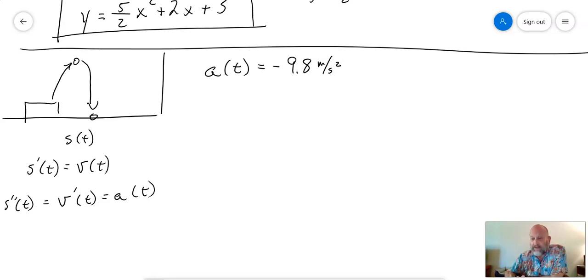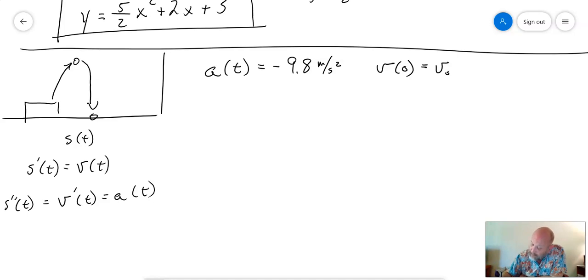Now, if I'm going to be able to deal with all these constants and things like that, I need some initial values. And so what I'm going to say is that at time 0, the initial time, the velocity that this thing was hurled up into the air at is v naught. And the height that it was thrown from or launched from, or dropped from if there was no velocity at all, that particular height is your position.